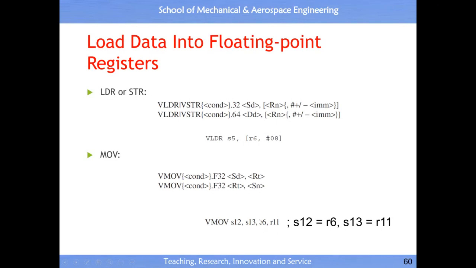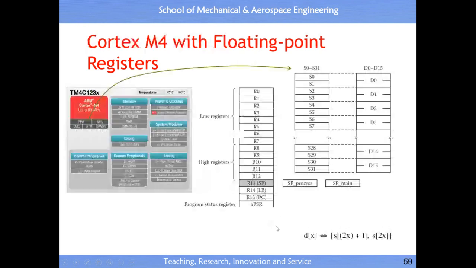Combine. This is the move. That means convert this one, from the MPU. So pay attention: all these R registers are inside the MPU, and all these S and D registers are inside the FPU.